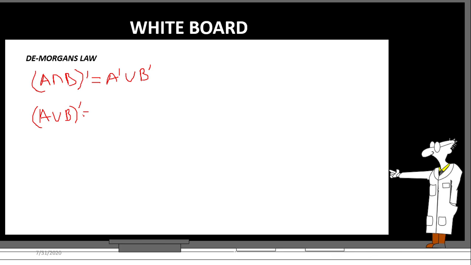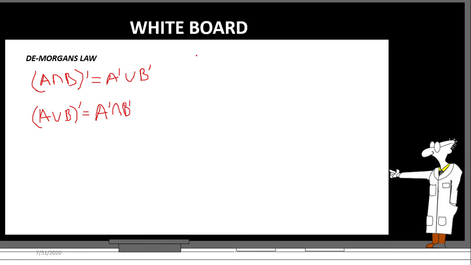The complement multiplies with A, and with B. So it is giving you A complement intersection B complement. So the sign changes. That is what we just need to know on De Morgan's law.